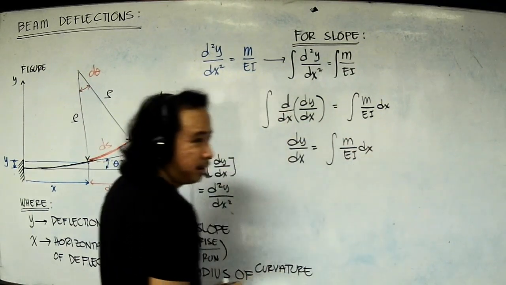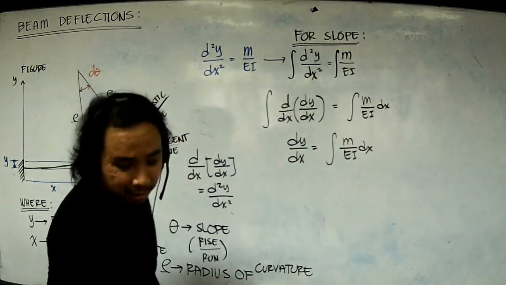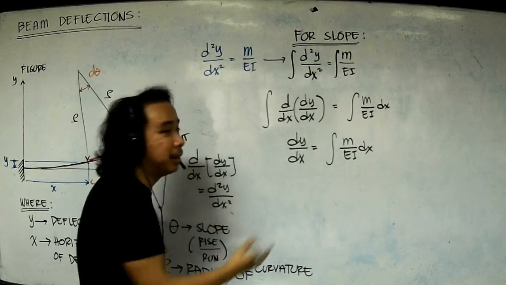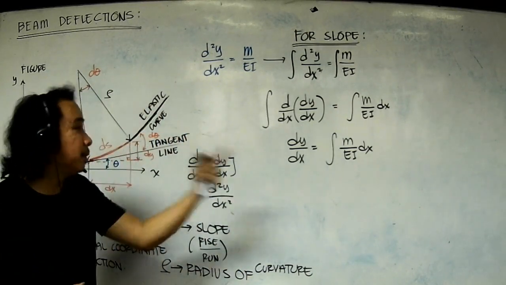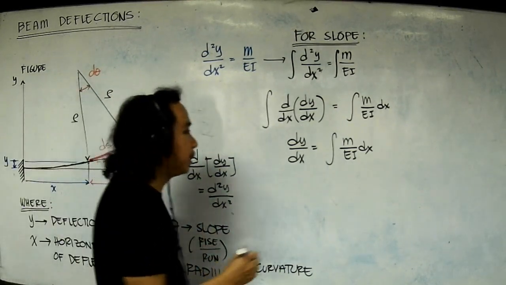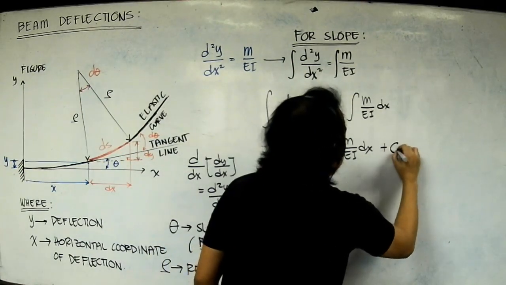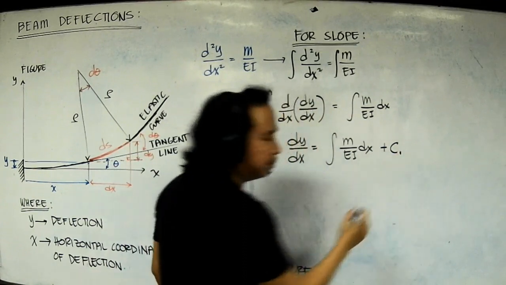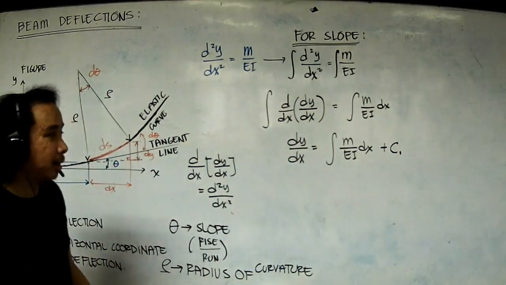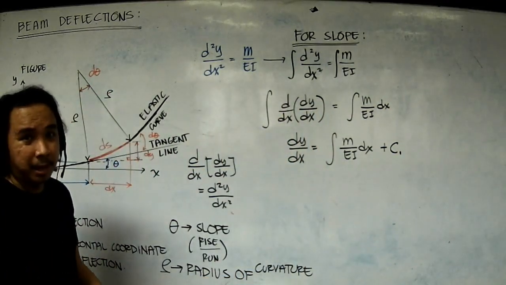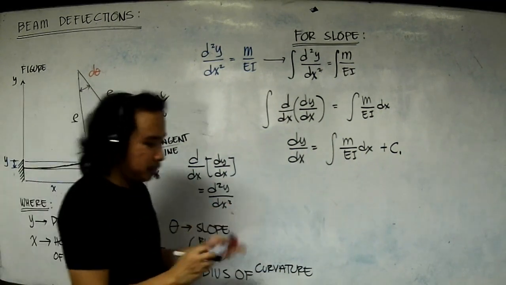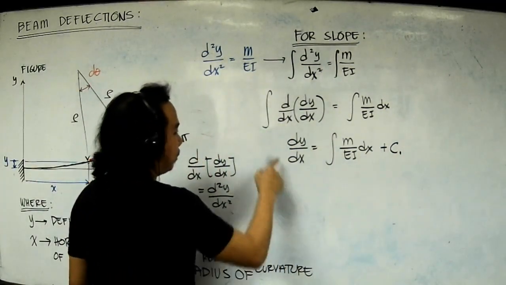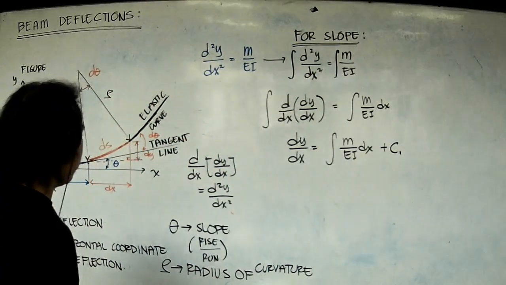And whenever we say integral, there are no definite limits here. This is not a definite integral. It is an indefinite integral. We add the corresponding arbitrary constant, which is C. Now this looks very familiar, right?